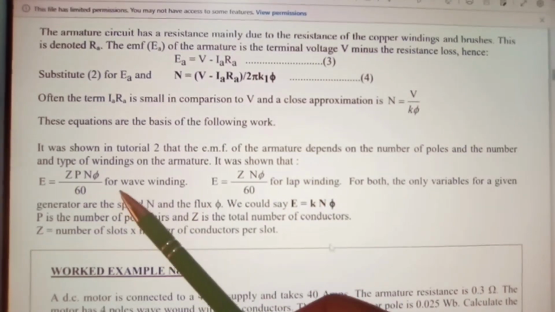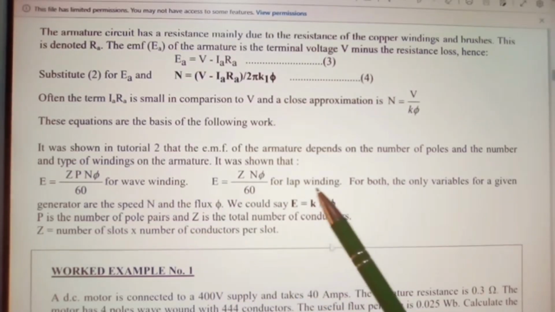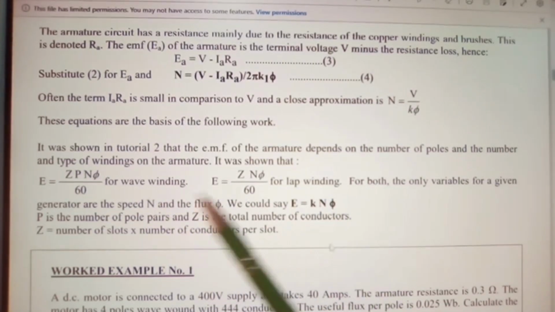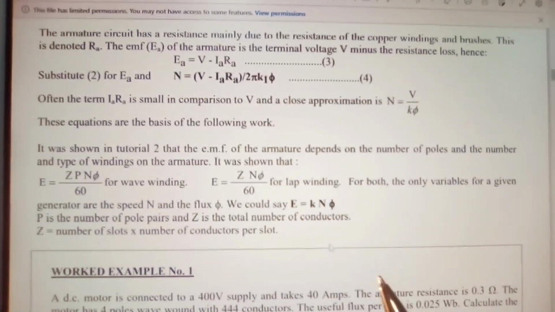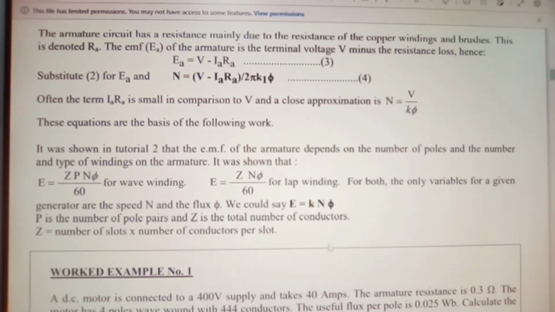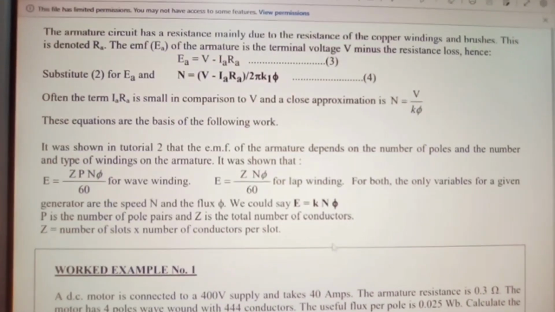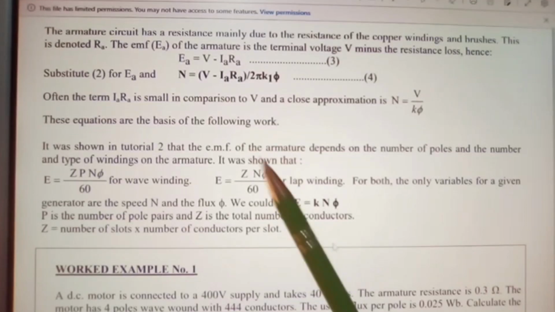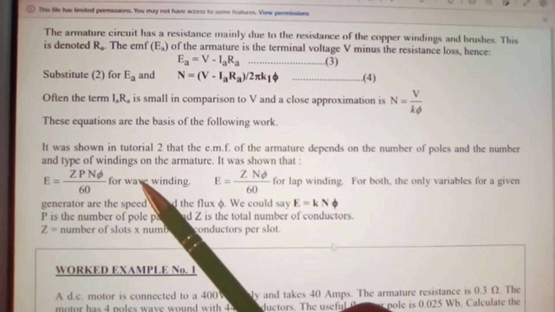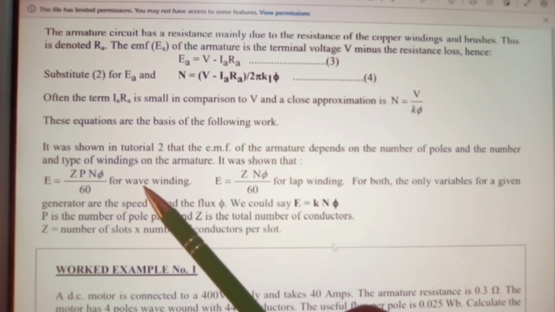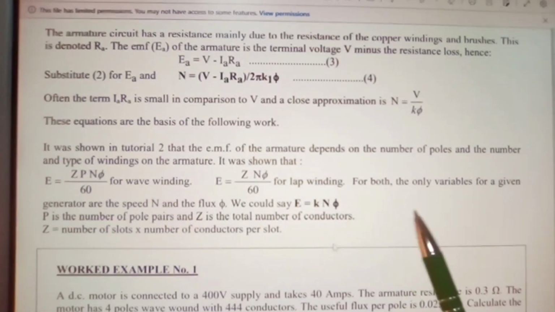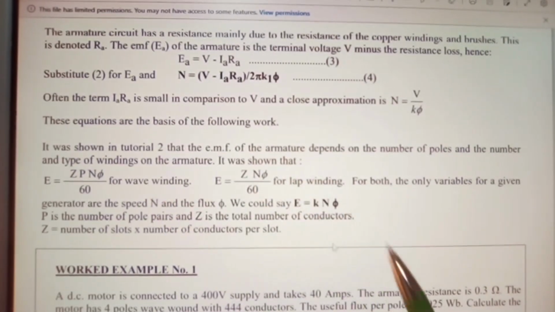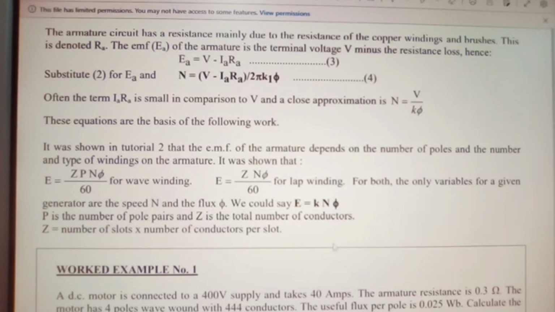Now make sure you're familiar with the wave windings and the lap windings. They are different types of windings, and you'll find them mainly in motors. Interestingly enough, I looked at this the other day to show you what lap windings and wave windings look like. But this is something for you to make yourself familiar with and do your own research.